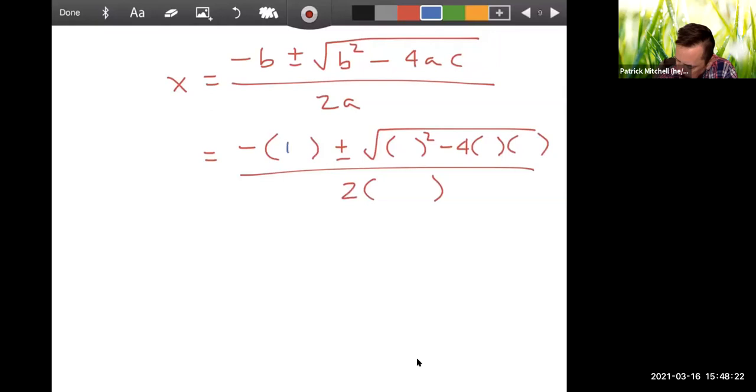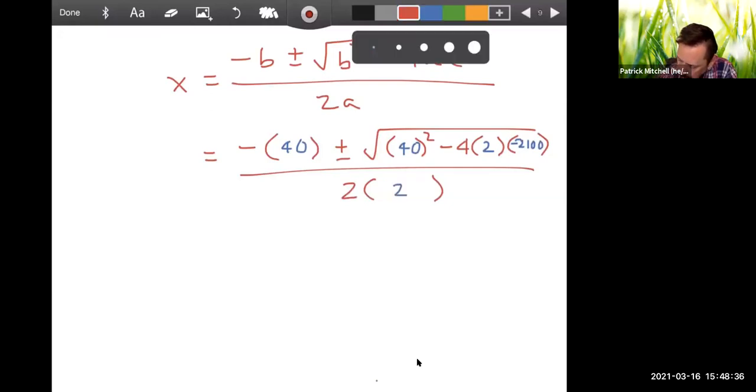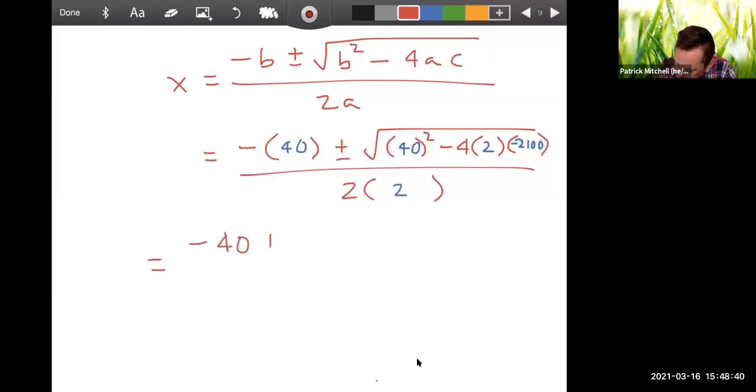So 40, 4, 2, negative 2100, and 2. All right, so negative 40 plus or minus the square root of 1600 plus, let's see, what is that? 16,800, all over 4.